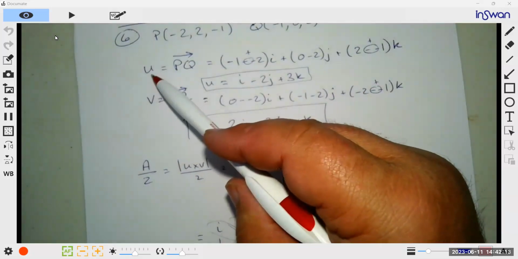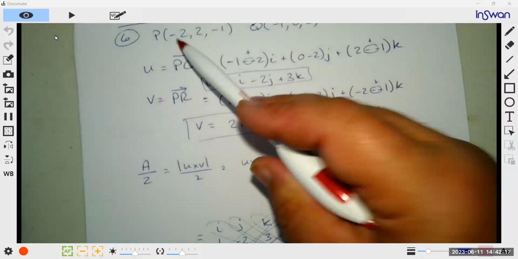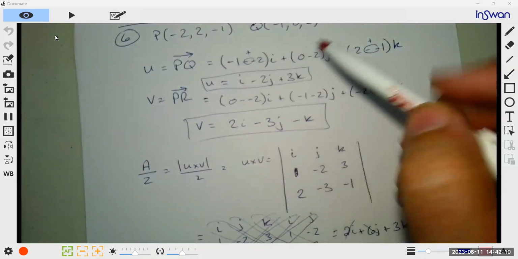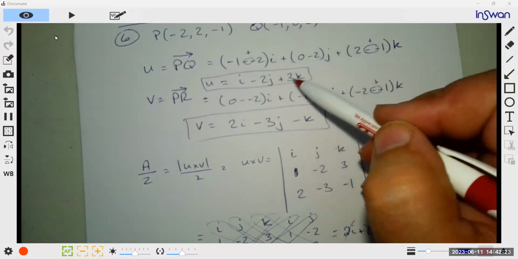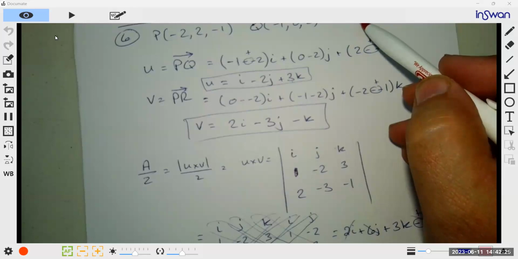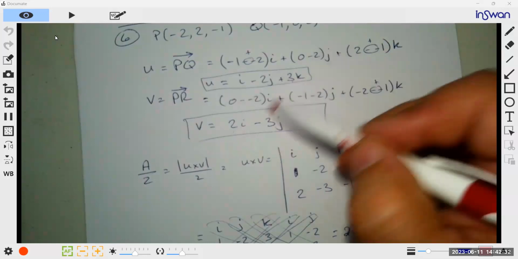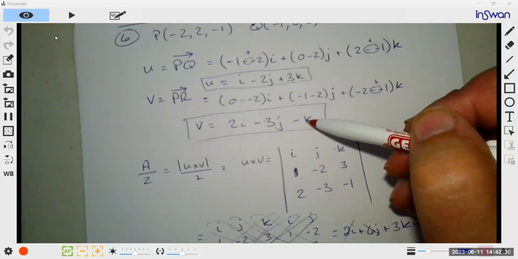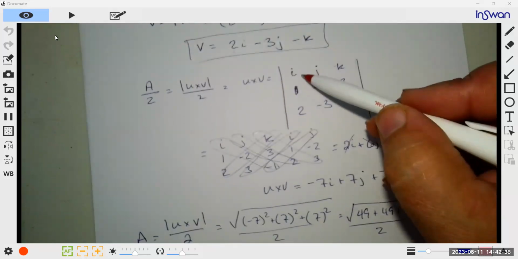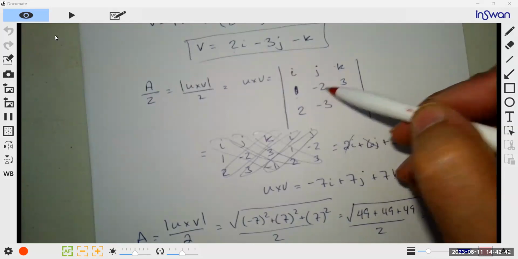So v is -1 minus 2 is +1. 0 minus 2 is -2. It's 3. So that one's correct. 0 minus 2 minus -2 is 2. -1 minus 2 is -3. It's -k.